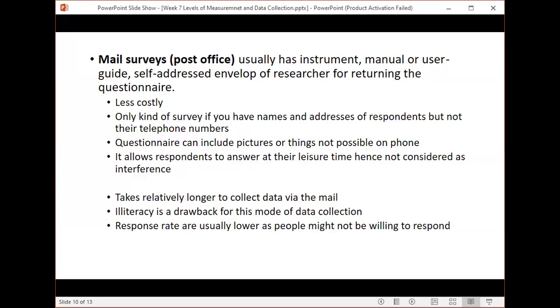And response rates are usually very low because people might not really be willing to respond. If I have to respond, I have to walk all the way to the post office. That can deter me from going to the post office, and I will not do that, right? And so response rates are usually very low. So if you send 100%, be ready to know that about 70% is what you might receive back.